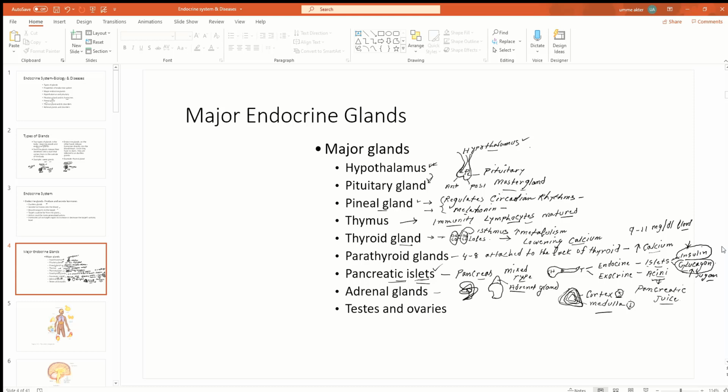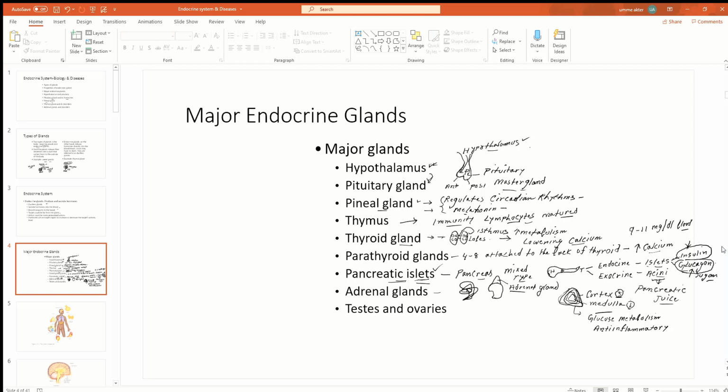Now if you want to know the important functions of the adrenal gland, adrenal hormones help in glucose metabolism, and have a strong anti-inflammatory action.